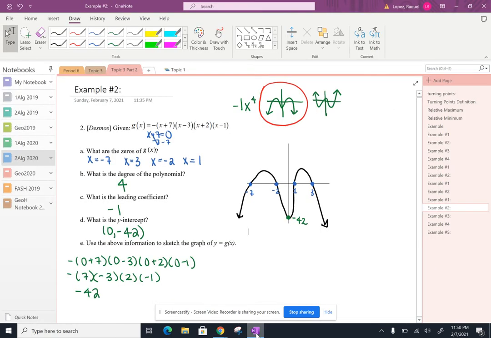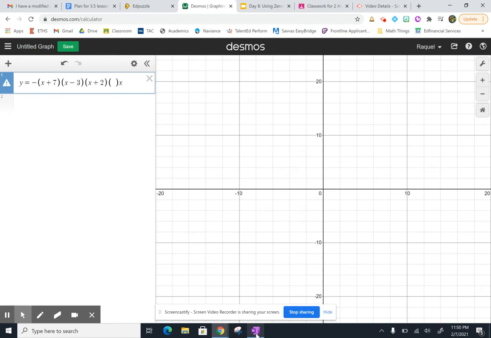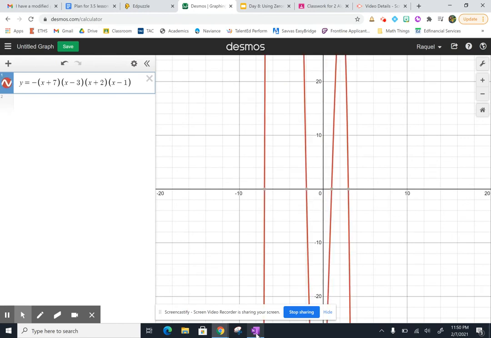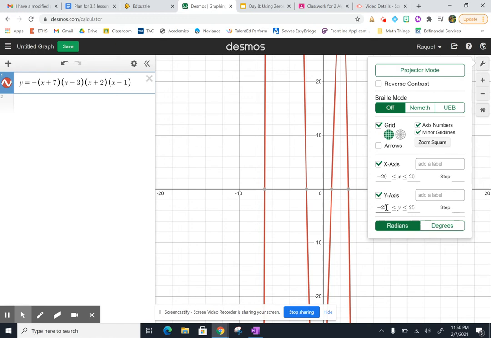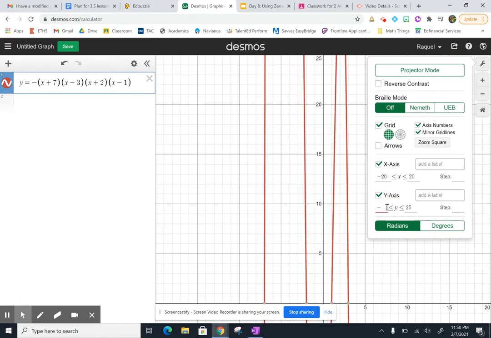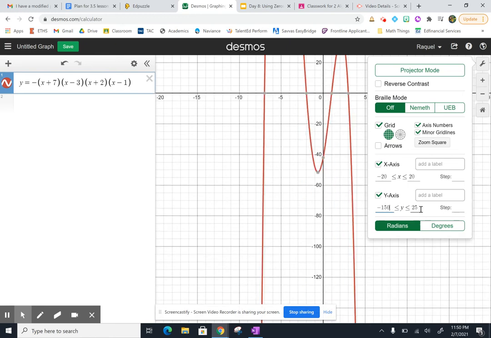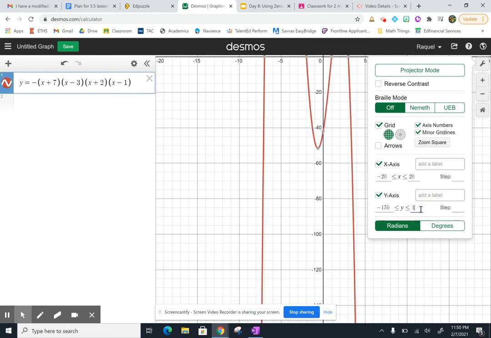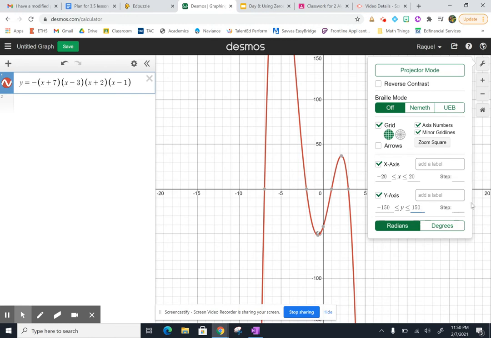I think the last one was x minus 1. Here we go. Alrighty, let's edit this window. I want the y's to go as far down to, let's say, negative 150, and the top all the way up to positive 150. Okay, so it goes even higher than that.